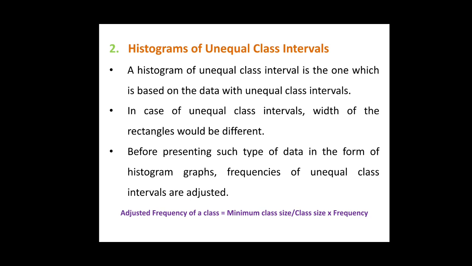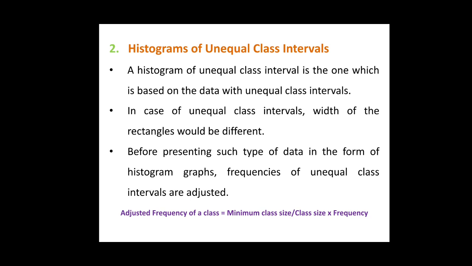When class intervals of a statistical series are unequal, both the width and height of the rectangles would be different. The width of rectangles would increase or decrease depending upon the increase or decrease in the size of the class interval.